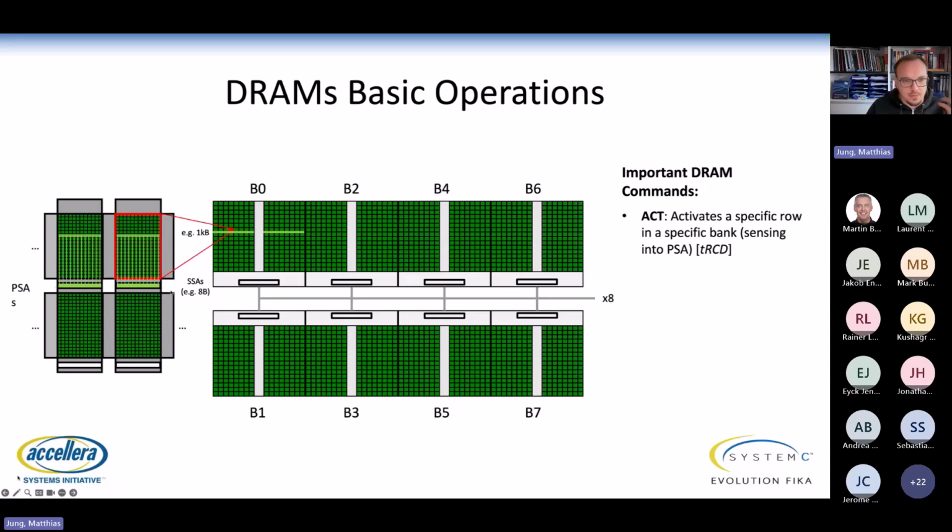This is a necessary step, because then you restore the data which is in the capacitor, and you amplify it directly. So this also amplifies the value which is stored in the capacitor. You can also activate several banks in parallel, as I mentioned before. So you could also activate P4 and P7 in this case.